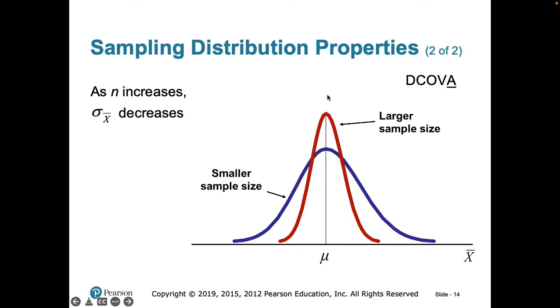The mean stays the same, but the standard deviation gets smaller. So you get this red line here, which is much taller based on the sample size. That means the standard deviation is getting smaller, so the values are getting closer together.